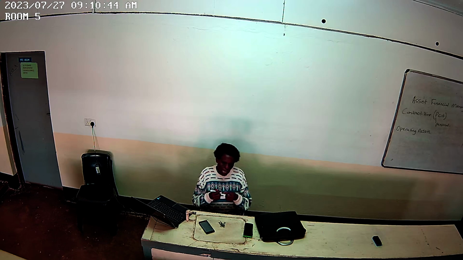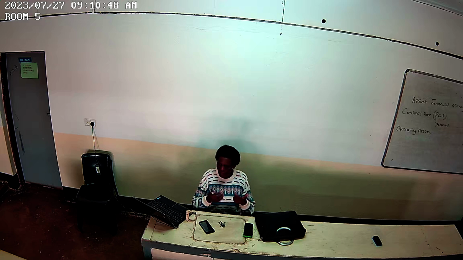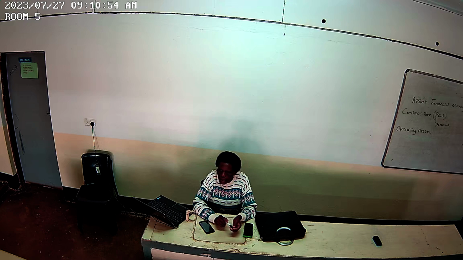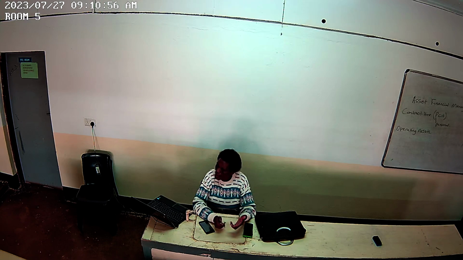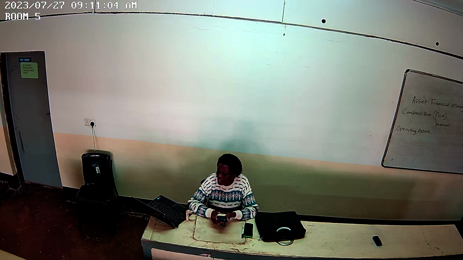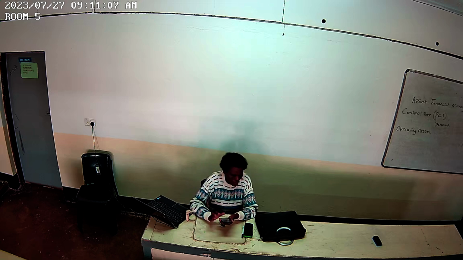We can go back to assets. Sometimes we don't know that when we have used something or an asset, like your phone, you want to sell it. It means that it's obsolete.